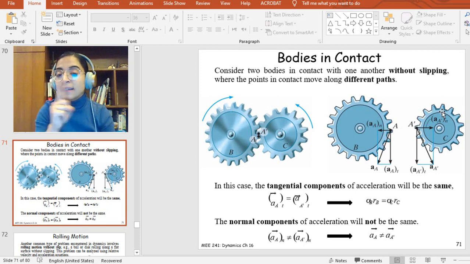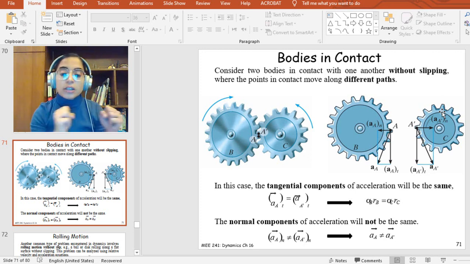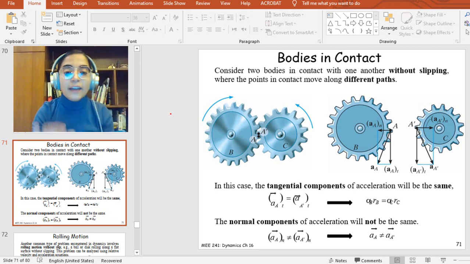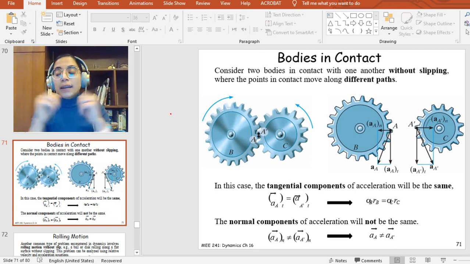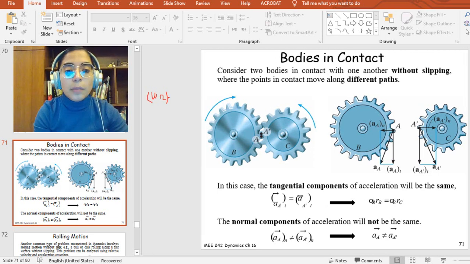However, guys, the normal acceleration will never be the same here. The normal acceleration, which stands for the change in direction of velocity, will never be the same. In fact, guys, if I have two gears that are engaged, then omega r for the first gear will be equal to omega r for the second gear, and this is because they have the same velocity.